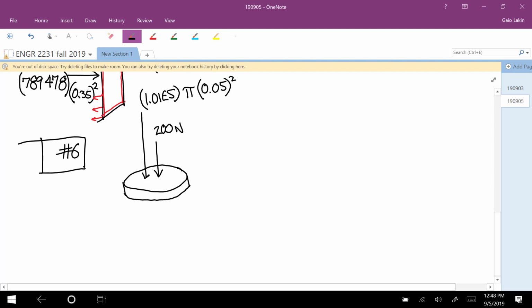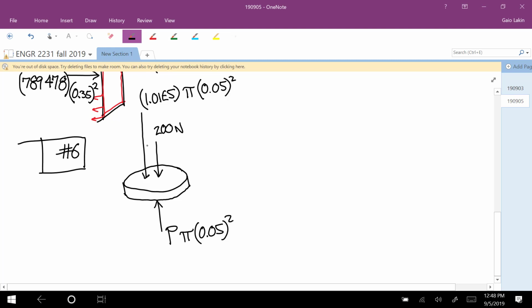Okay. And so what's the force on the other side of the piston? That comes from the pressure of the gas. It's the same area, but it's the pressure of the gas times pi times 0.05 squared.